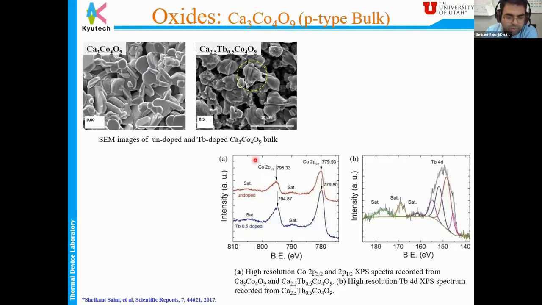This helps further in understanding the electrical property. On the other hand, we found terbium exists not in only one but many different oxidation states. That also helps to understand how this terbium is incorporating with the calcium, and it is reducing the carrier concentration of the material, particularly in our case.